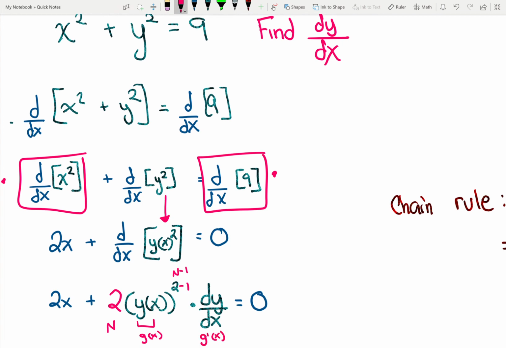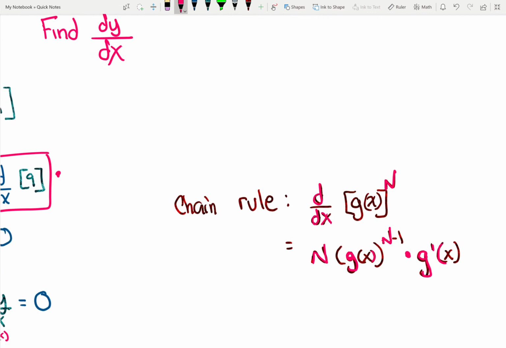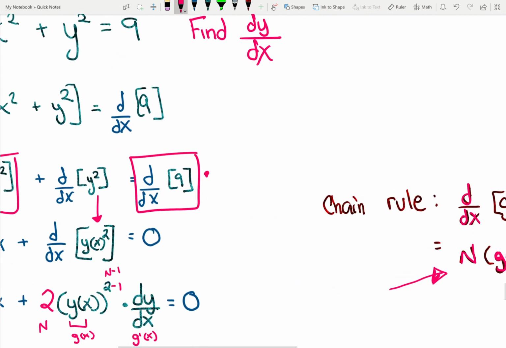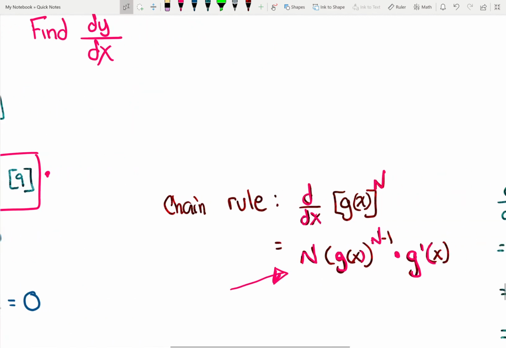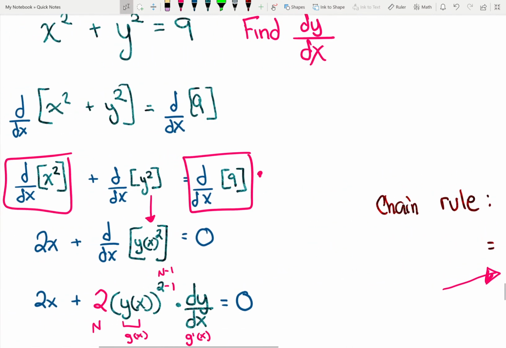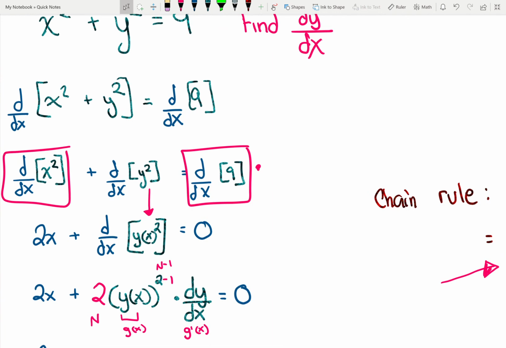I'm using g because I'm referencing the formula that I gave you. I know it is y, but I'm just trying to reference this formula that we just used. So look right here, we use the chain rule. I drop the exponent down, I take one away from it, and I multiply it by the derivative of the inside.